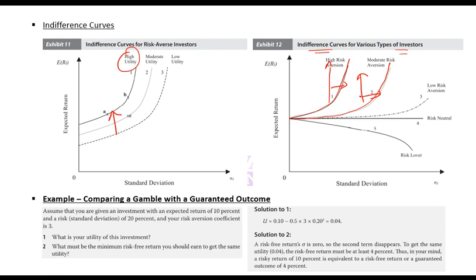So that means he would need extra return for extra risk, but he can go with even a lower return compared to the high risk aversion investor.